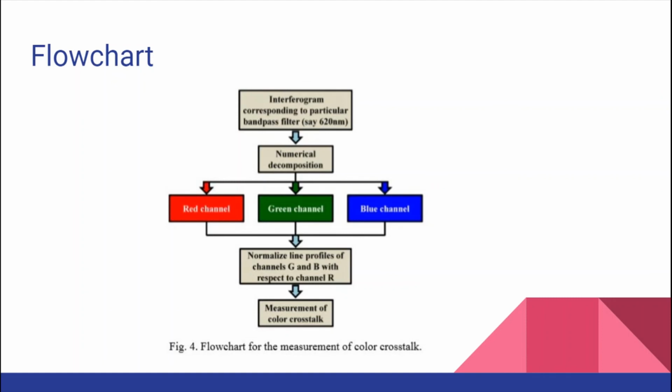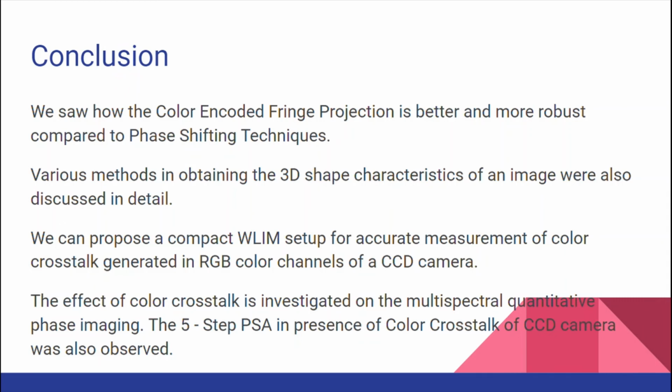Now, to conclude, in this entire presentation we saw how color-coded fringe projection is better and more robust compared to phase shifting techniques. Various methods of obtaining the 3D shape characteristics of an image were also discussed in detail. We can propose a compact white light interferometric setup for accurate measurement of color crosstalk generated in the RGB color channels of a CCD camera.